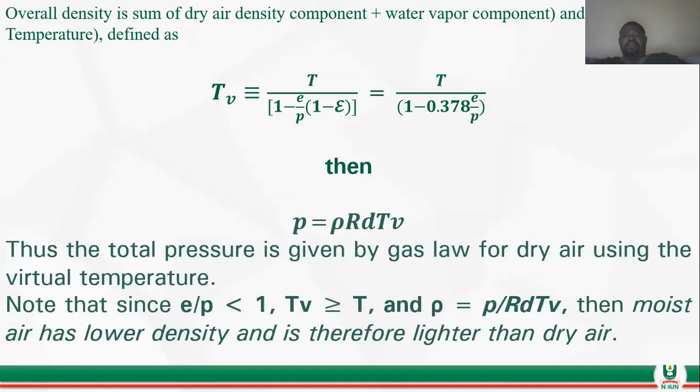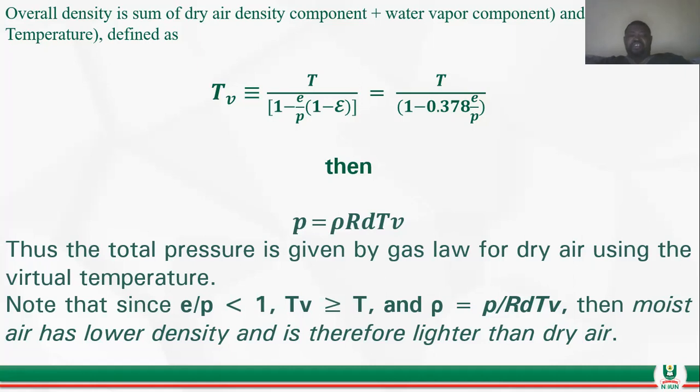Okay. Now, the overall density is the sum of the dry air density component plus the water vapor component. And T_v, the virtual temperature, is defined as T_v equals T all over 1 minus 0.378 e over p. Then pressure becomes rho, that's density, multiplied by the gas constant for dry air, R_d, and the virtual temperature.